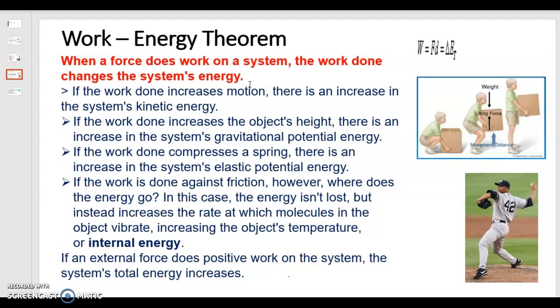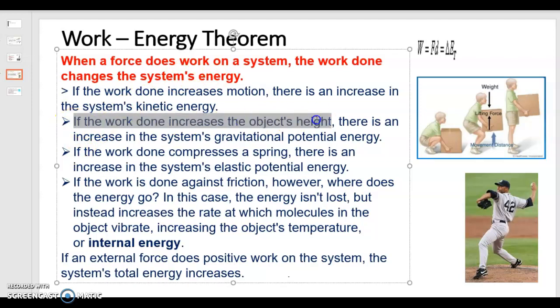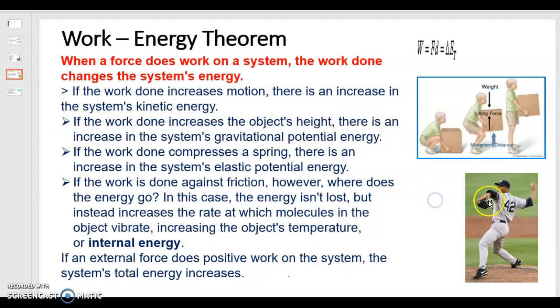So the work changed the energy of the roller coaster. We increased the gravitational potential energy of the roller coaster. Okay, so for example, if work is done to increase an object's height, there's an increase in the gravitational potential energy.